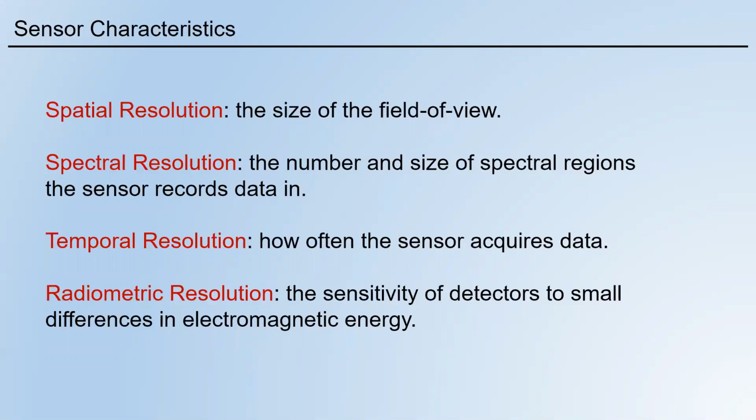If you go back to the first or second video of this lecture, I can't remember. So radiometric resolution is the sensitivity of detectors or sensors to small differences in electromagnetic energy. Okay, let's go through them one by one. I will provide some examples and more detailed explanations for these resolutions.